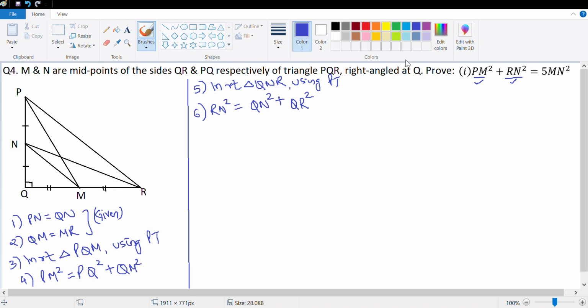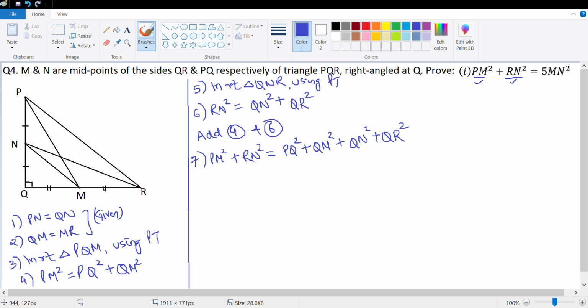Let's add. So add 4 and 6, and we get PM square plus RN square is equal to PQ square plus QM square plus QN square plus QR square. We've just added these elements. PQ square and QM square come from equation 4, and QN square plus QR square comes from equation 6.